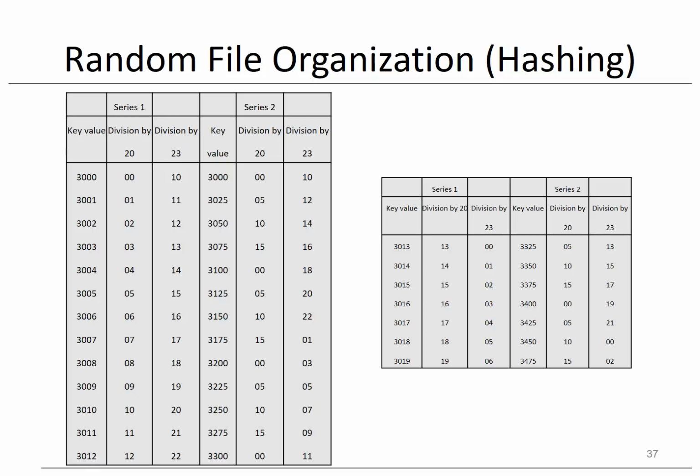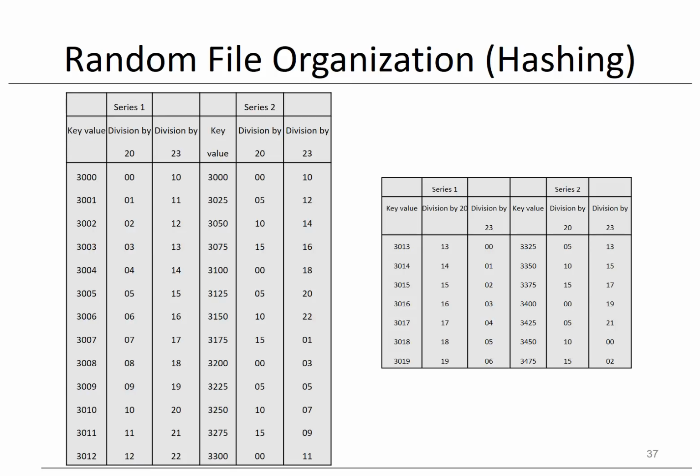This figure shows two series of key values, each time with the remainder of division by 20 and by 23. For the first series, both 20 and 23 result in a nearly uniform distribution of remainders and address values, so they would both be adequate as m.